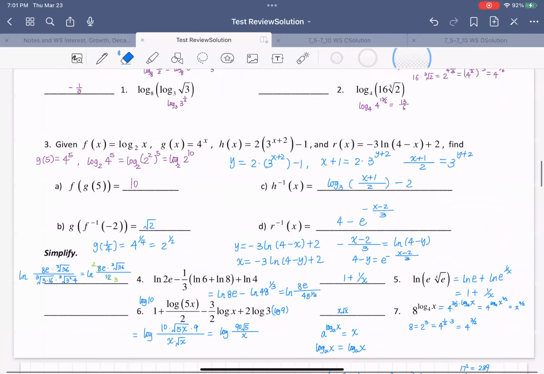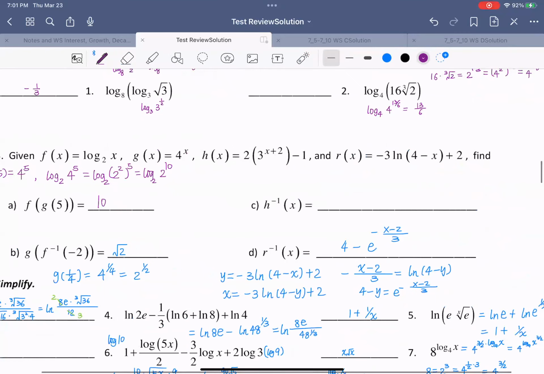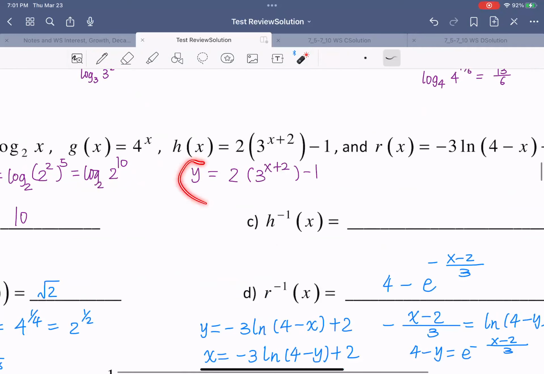Next one, Vanessa. Let's do the inverse function. You are looking for H inverse. We make y equal to this. The way we do the inverse, we will first write this and we will flip x and y, right?